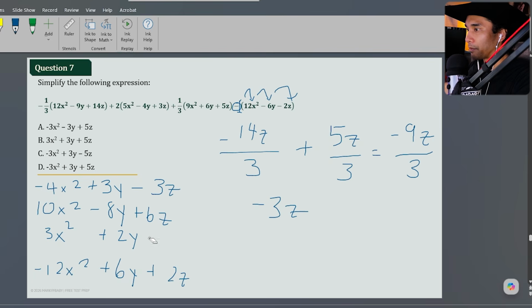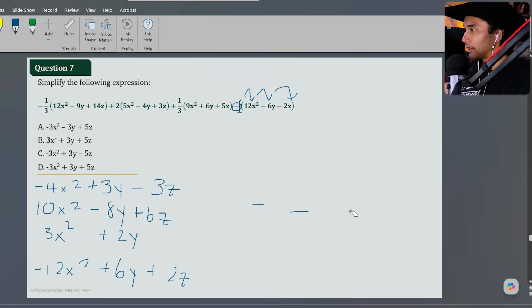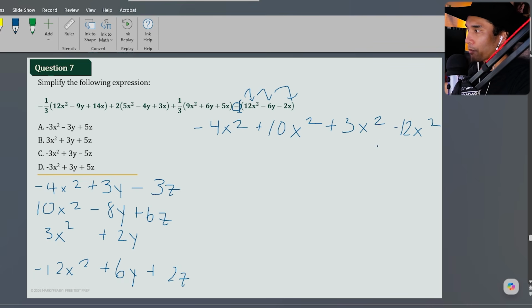Now we can combine everything. Now let's go ahead and deal with the squared terms, the x squared terms. So I have negative 4x squared plus 10x squared plus 3x squared minus 12x squared. Okay, so this is my thought process.